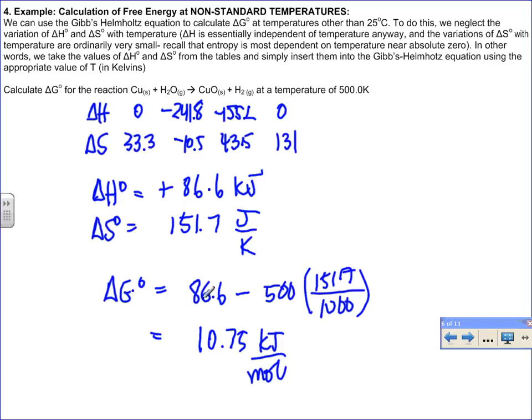And this is an example where we've got an endothermic reaction. The entropy is increasing in the system, so it could potentially become spontaneous, but the temperature is going to need to be even higher than 500 Kelvin in order to make this eventually become negative.